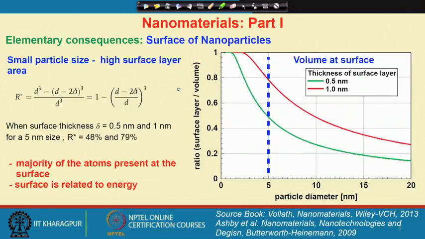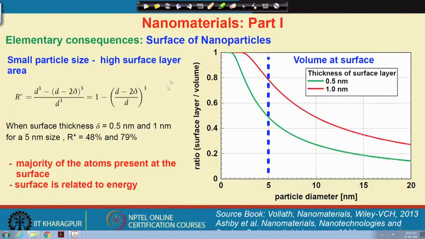Now, is any other aspect associated with it? I have created a high surface area, but think about a nanoparticle and how much volume is associated near the surface of it.